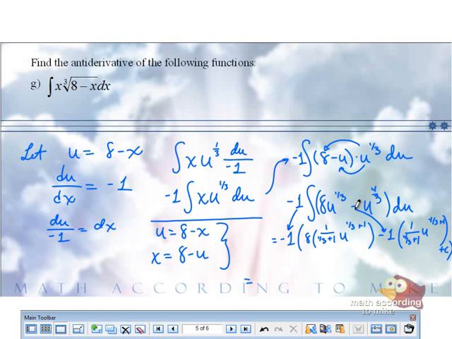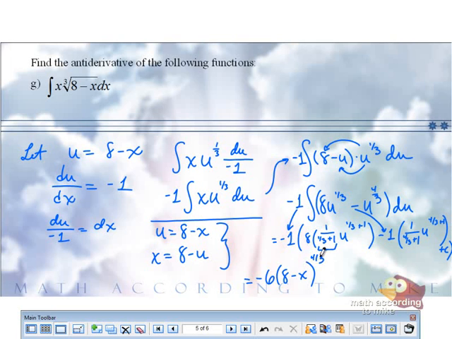So this is 3/4 times negative 8, negative 6. Put your u back in, raised to the 1/3 plus 1, 4/3.